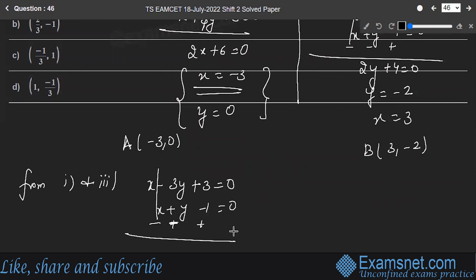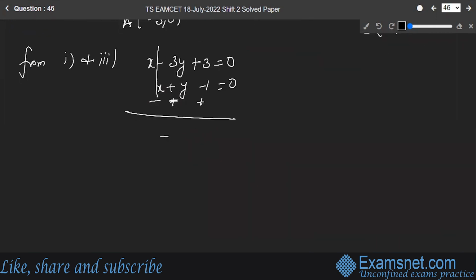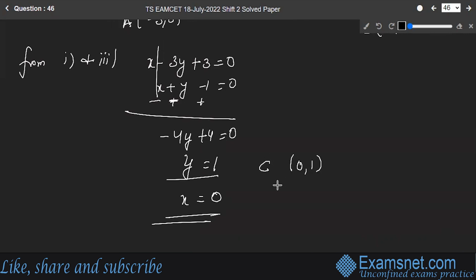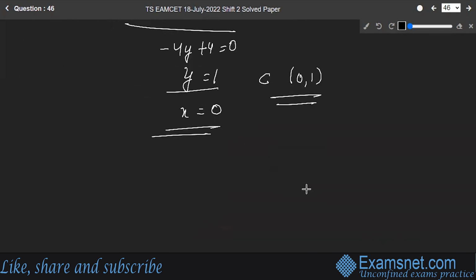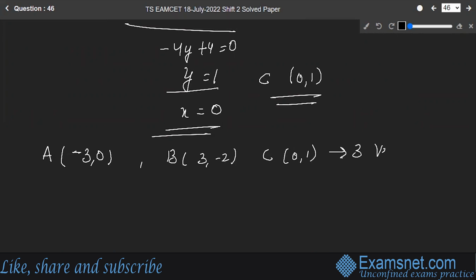So these will cancel and you will have minus 4y plus 4 is equal to 0. That will give you y is equal to 1. And on solving, you will get x value as 0. So C point comes out to be 0, comma 1. So now A is minus 3, comma 0. B was this. C is this. These are the three vertices of the triangle.